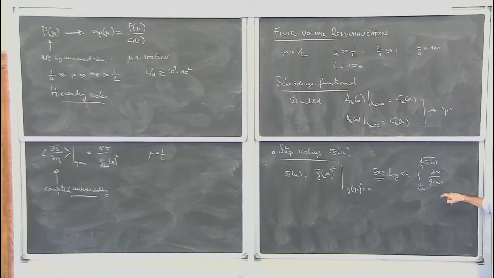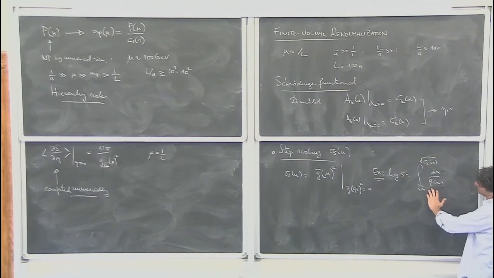As you do this, you can check, as a consistency check, that the right-hand side is independent of u. Okay, you see this integral has to give you log s for any value of u.